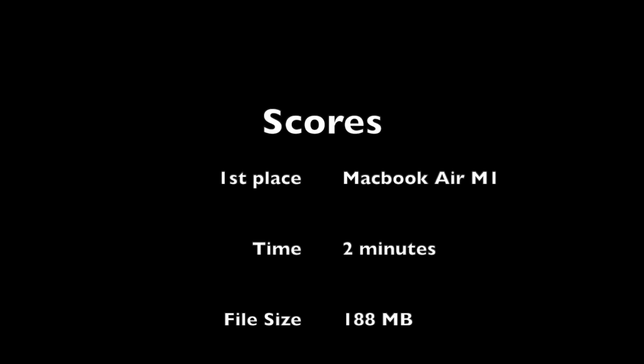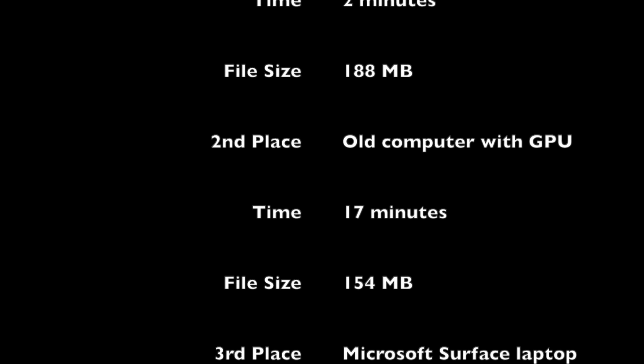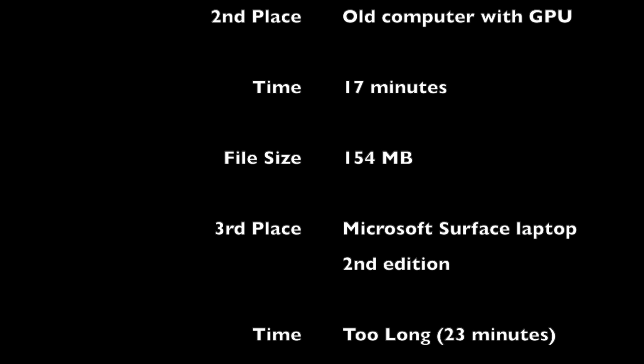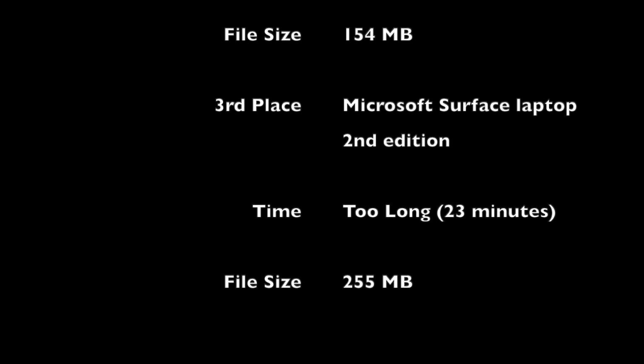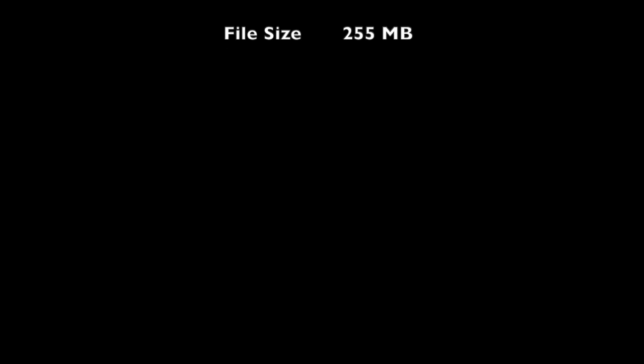The old desktop computer that I created, the file size was roughly similar to the MacBook. Alright, so the winner is obviously the Apple MacBook M1. Last place was the Surface Laptop Go 2.